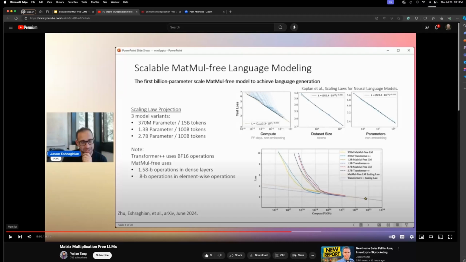Okay, I'm going to move us on. We need more GPUs to make this happen, because we're a relatively small academic lab that is very much GPU limited. Another thing worth noting is that the nomenclature of FLOPs is true for the Transformer++ case, but we're counting ternary operations in our approach as a FLOP as well.